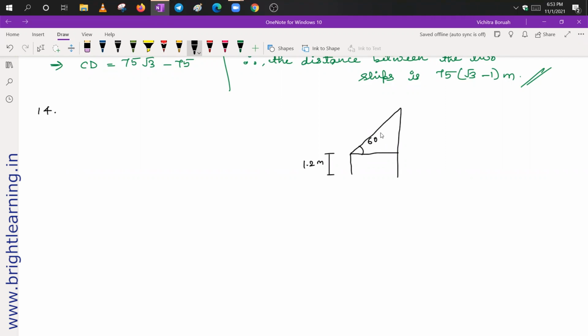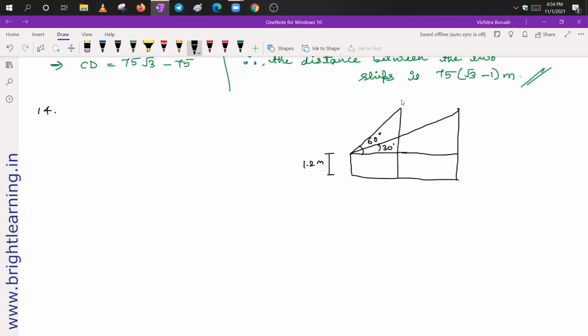Again, this balloon moves to a distance, suppose till here. From this point, this is the horizontal line, so the angle of elevation is 30 degree. Next we have to find the distance traveled by the balloon during the interval. So this distance we have to find.